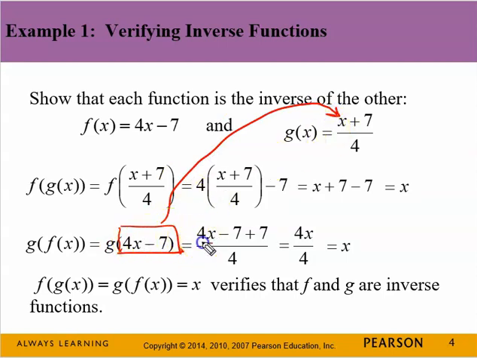And that's what they're showing here. So -7 plus 7 is 0, and we get 4x over 4, cancels out, and we get x again. So this indicates that they are inverse functions. Now, there's another way to show this, but we'll go along with what they're showing here.